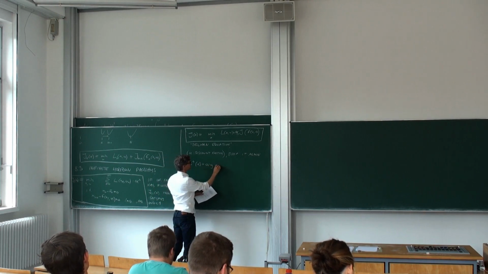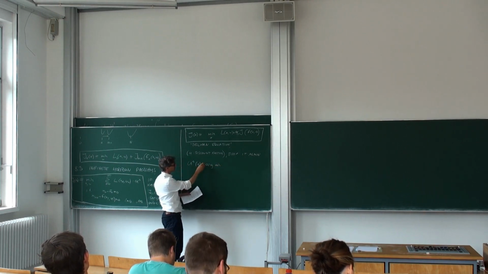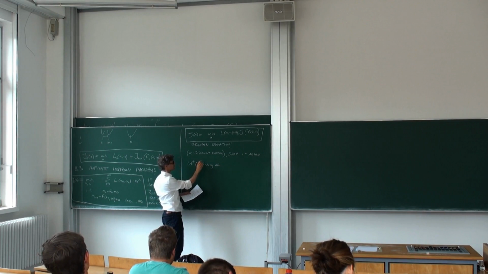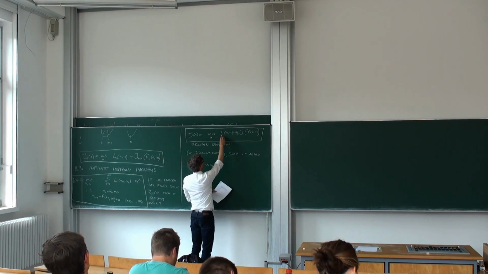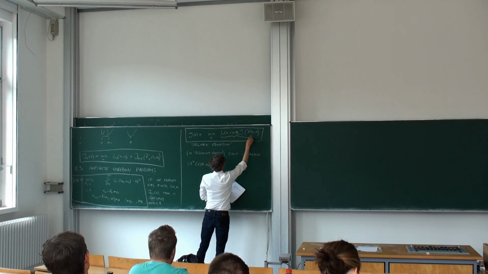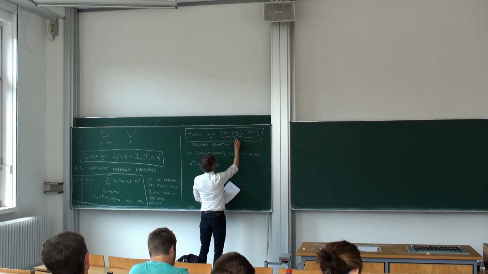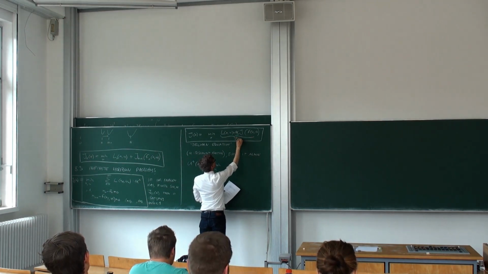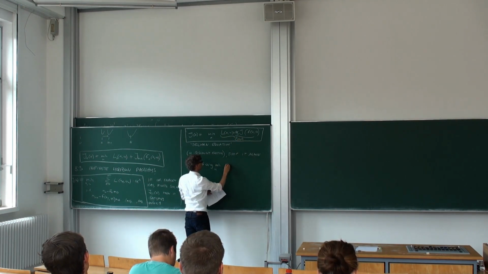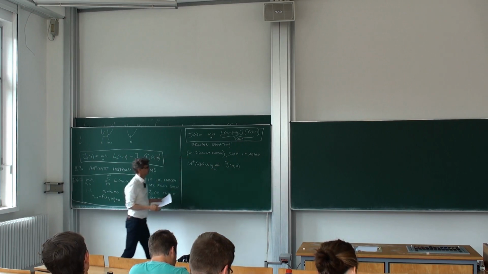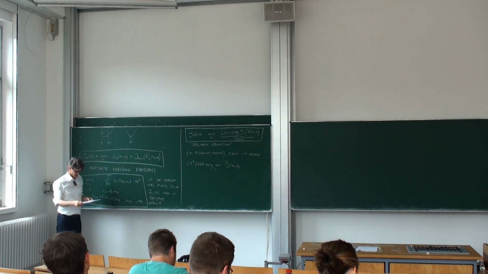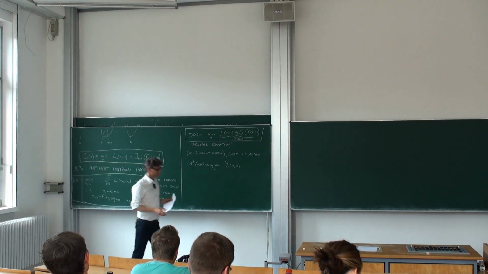And if it's unique, sometimes it's not unique, so correct would be actually this: it's an element out of the set of minimizers of this function. And this whole function we will call J tilde of x and u.